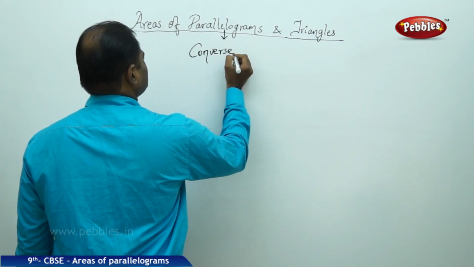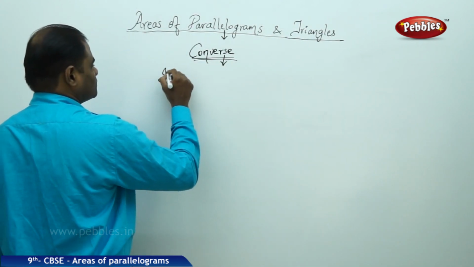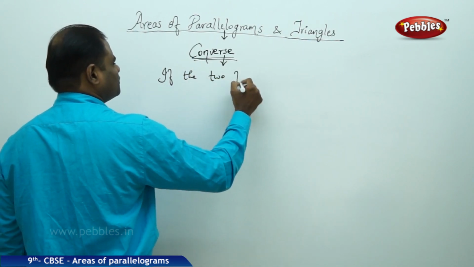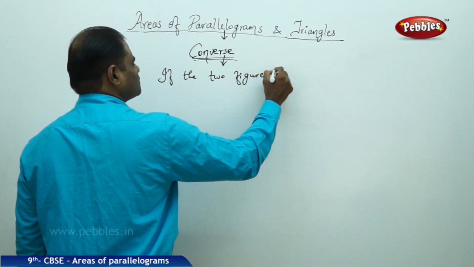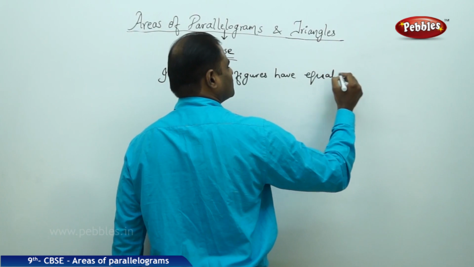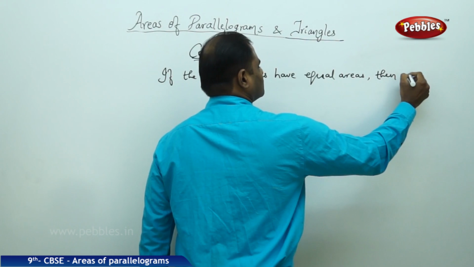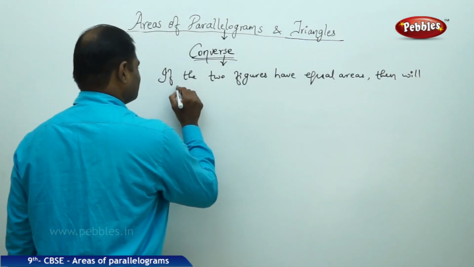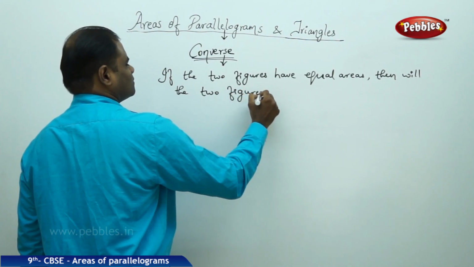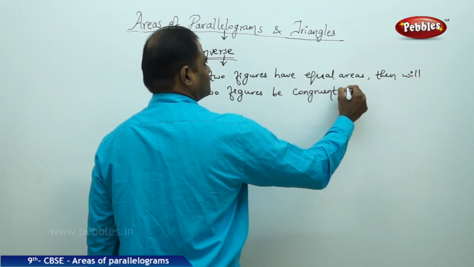As the converse, my question here is: if two figures have equal areas, then will the two figures be congruent?